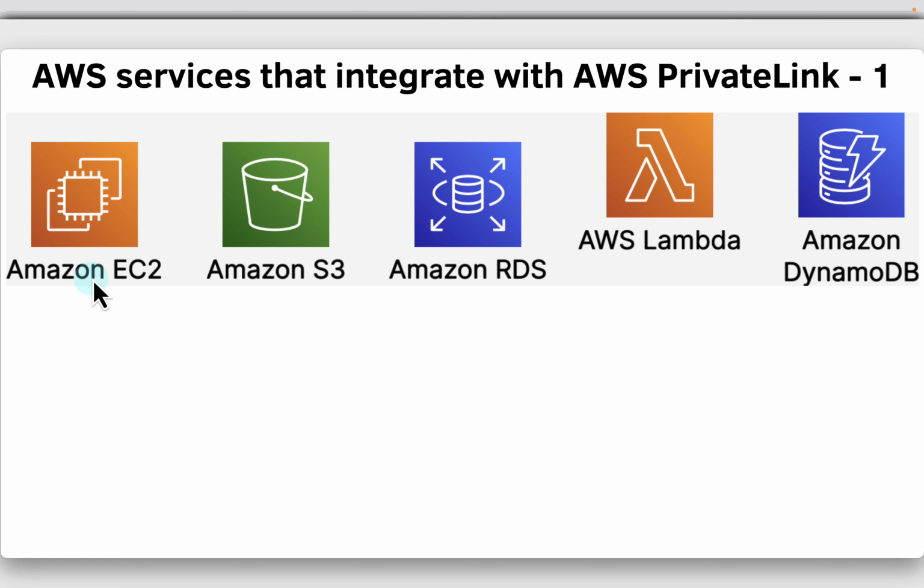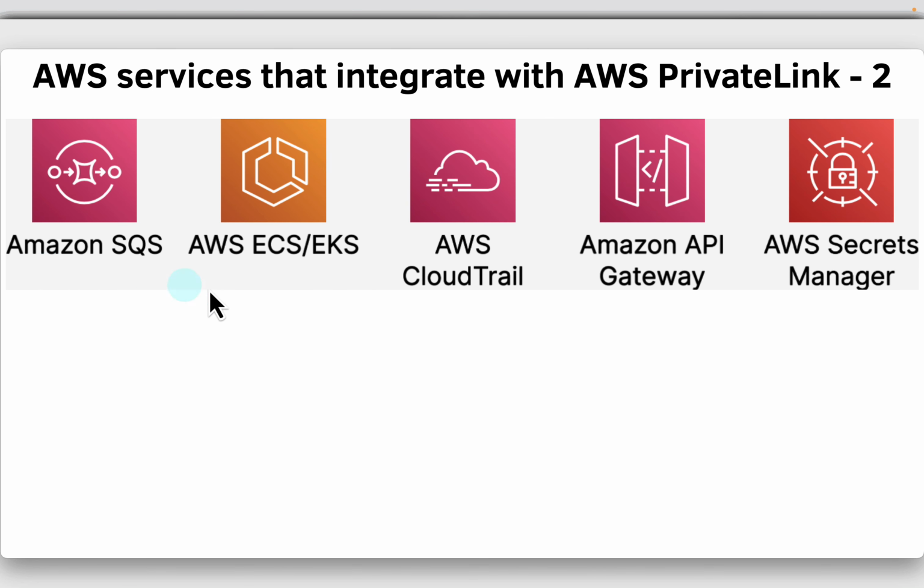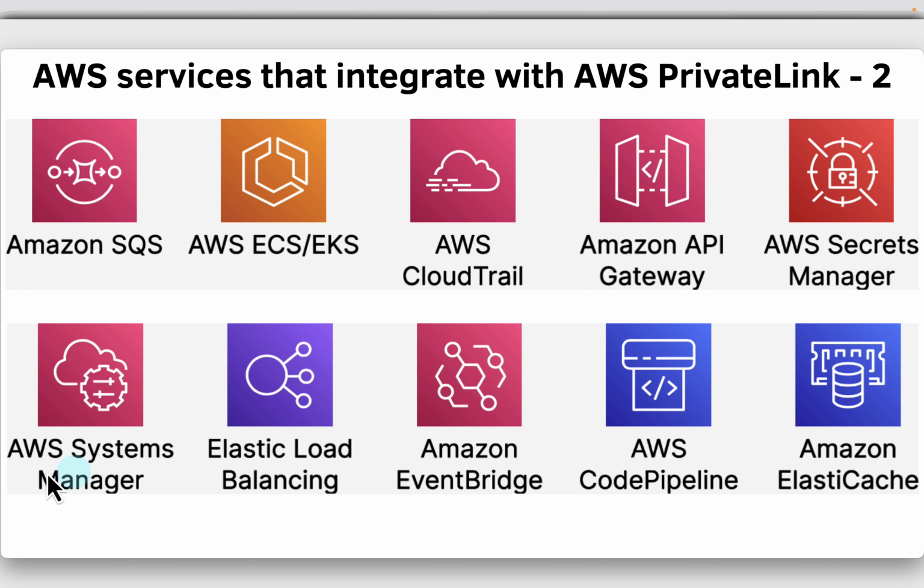So these are the ones: EC2, Amazon S3, RDS, AWS Lambda, DynamoDB, AWS Identity and Access Management (IAM), Amazon VPC, Amazon CloudWatch, Amazon SNS, AWS CloudFormation, Amazon SQS, AWS ECS (Elastic Container Service), EKS (Elastic Kubernetes Service), AWS CloudTrail, Amazon API Gateway, AWS Secrets Manager, AWS Systems Manager, Elastic Load Balancing, Amazon EventBridge, AWS CodePipeline, and Amazon ElastiCache.